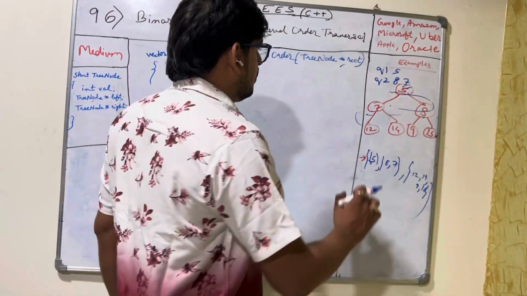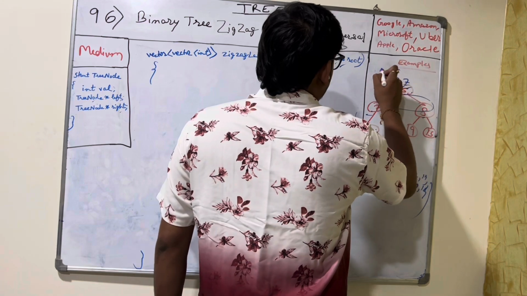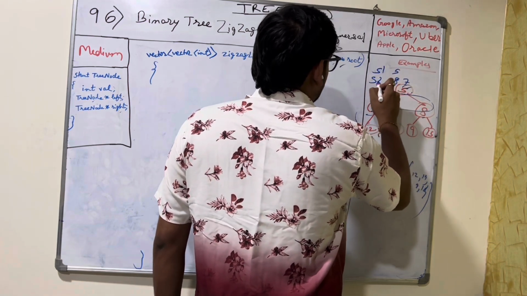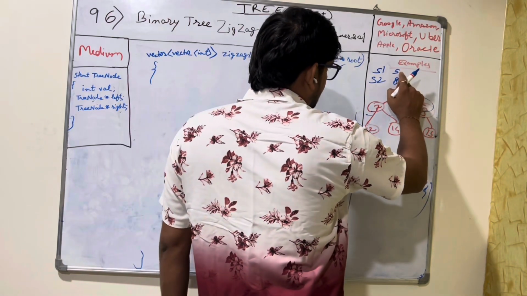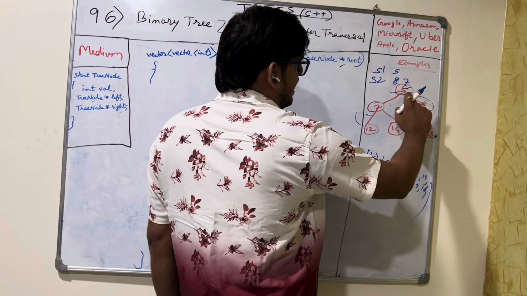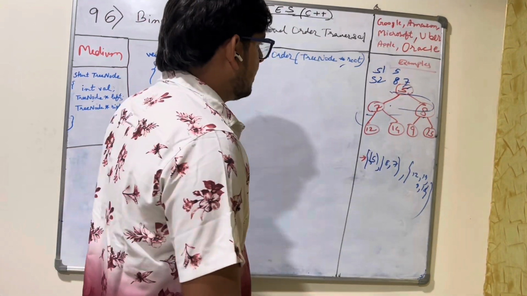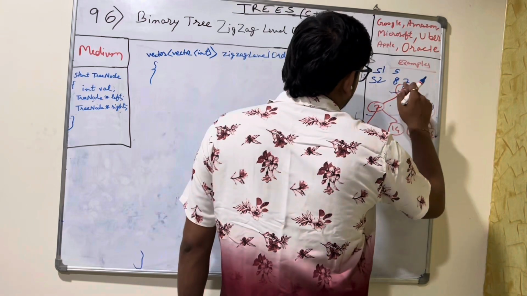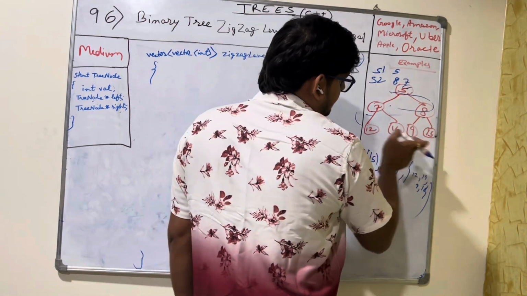So instead of taking a queue, if we take a stack, will it help us solve the problem? Here we took 5, inserted 5, then we inserted 8 and 7. Once 8 and 7 have been inserted, we wanted to travel like this.